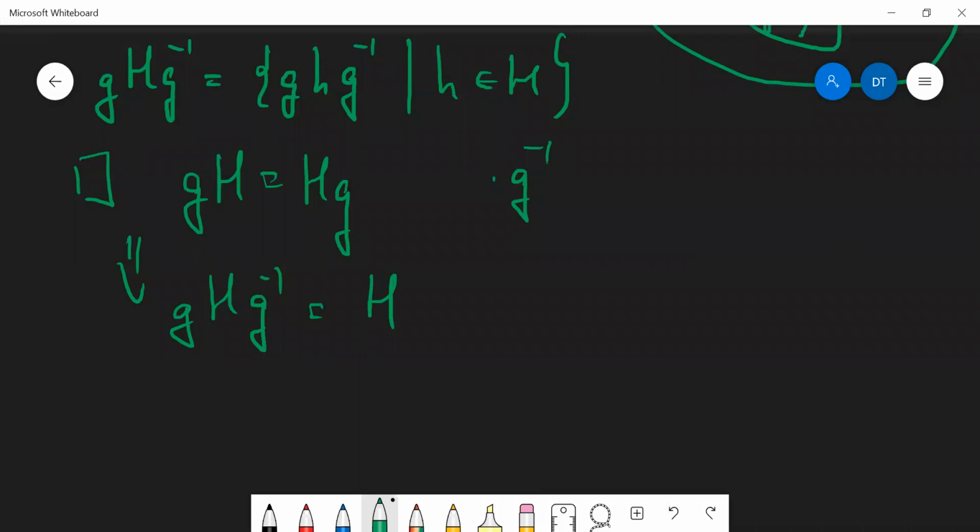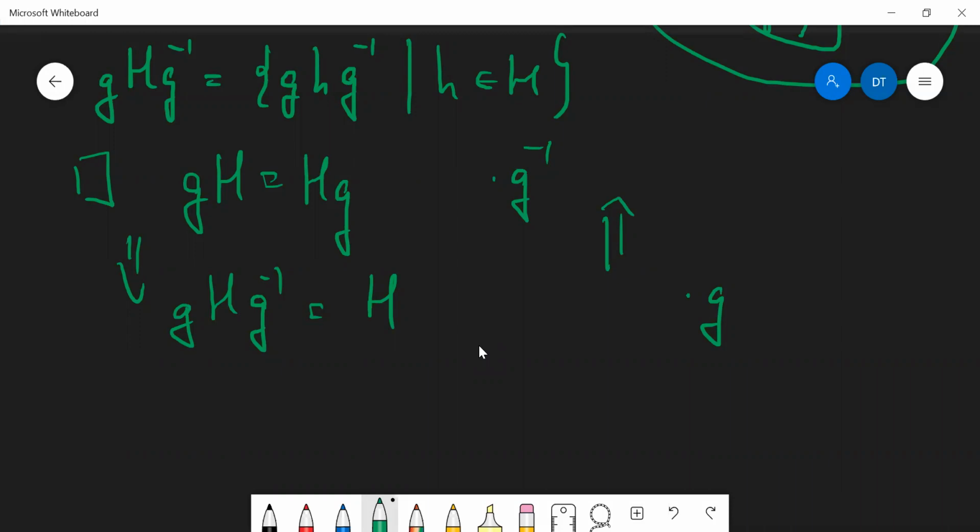And if you want to go back, you multiply the second equality by g on the right, and you get the first one. So this is how you prove it. Multiplication by g inverse implies that from this equality you get this equality, and multiplication on the right by g implies the reverse. Is it clear? Do you have any questions regarding this proof?